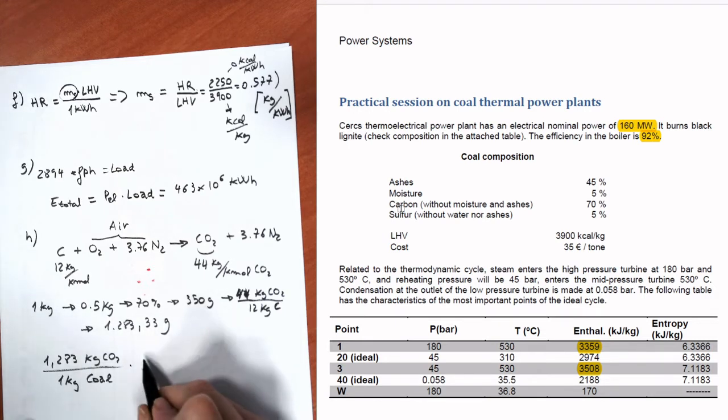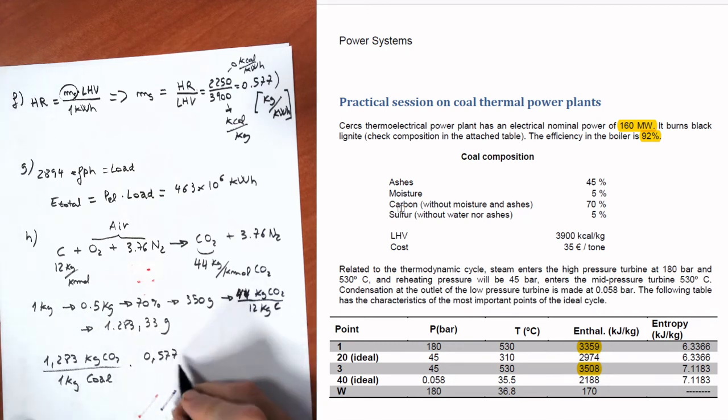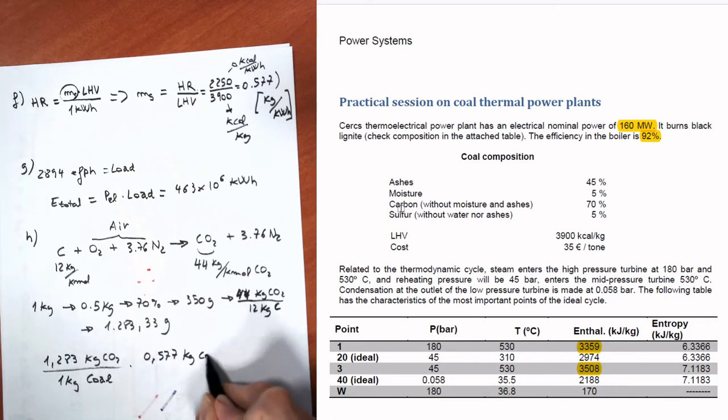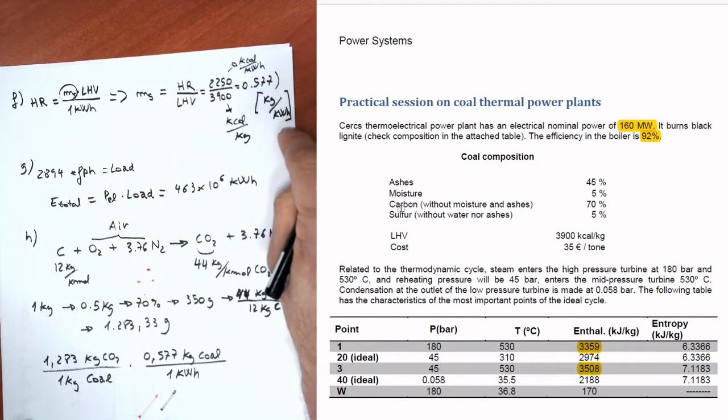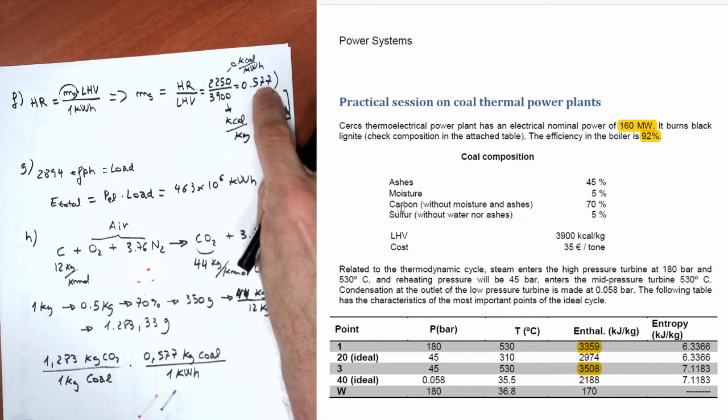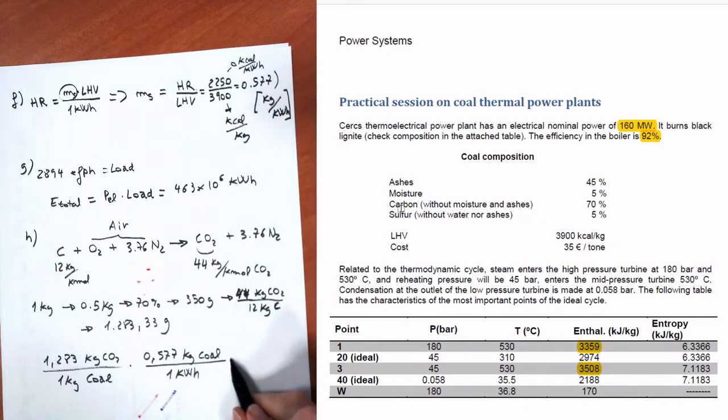and we know that 0.577 kilos of coal are worth 1 kilowatt hour. Okay, from here we know that this is the amount of coal we need to burn to get 1 kilowatt hour. So from here we can calculate.